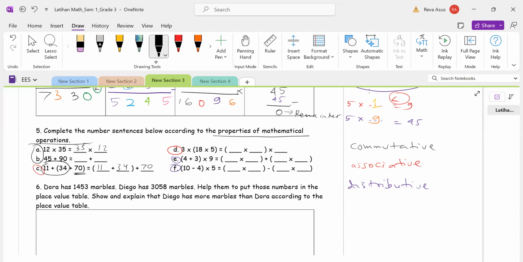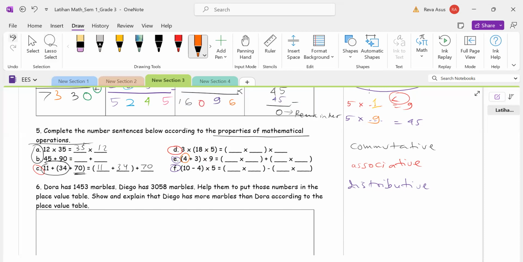For E, look, 4 plus 3 in a bracket, we bracket them and then times 9. It means that we can do inside the bracket first. 4 plus 3 is 7, times 9 is 63. It is also the same if we do 4 plus 9 first.